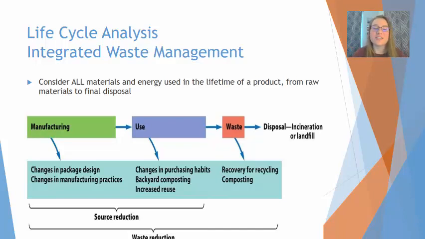So we need to consider source reduction of the waste for where we are making it, what materials are involved in the creation process, in the extraction process, the manufacturing, and the transportation. Then once that product is on the store shelves, we have to think about the packaging that it is in and how that particular product is used and if it's designed to be reused and replenished.